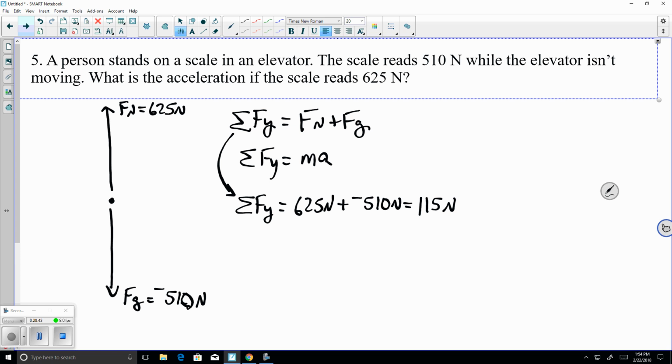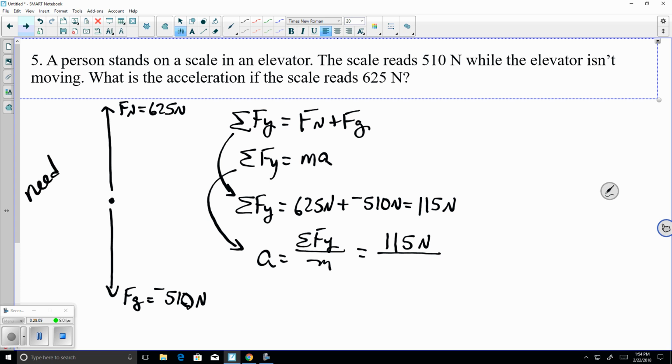Then we want to use this formula to figure out acceleration. Acceleration is equal to the sum of forces in the y direction over the mass. So that's 115 newtons over the mass, which is something we've got to figure out yet. So let's do that quick. We need mass. The mass is equal to the weight, Fg, over 9.8 meters per second squared, which is g.